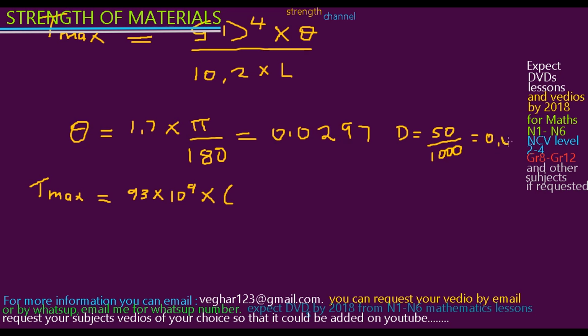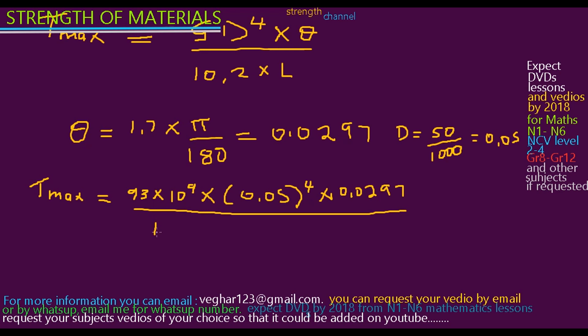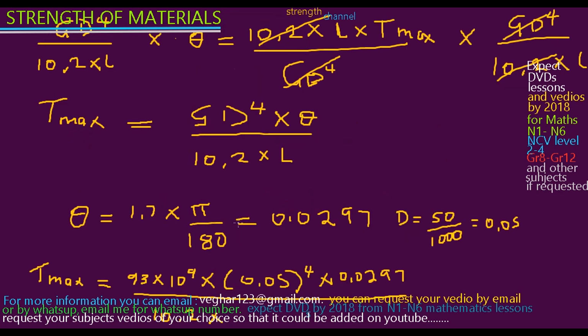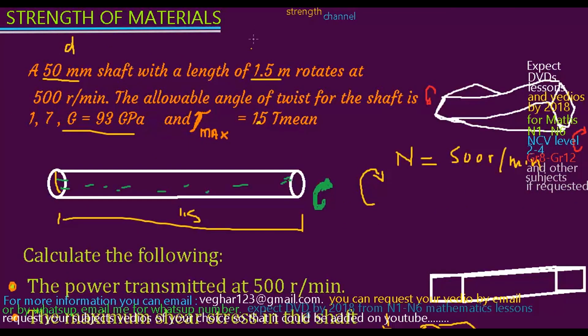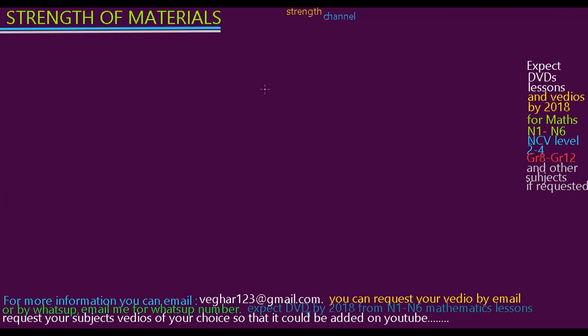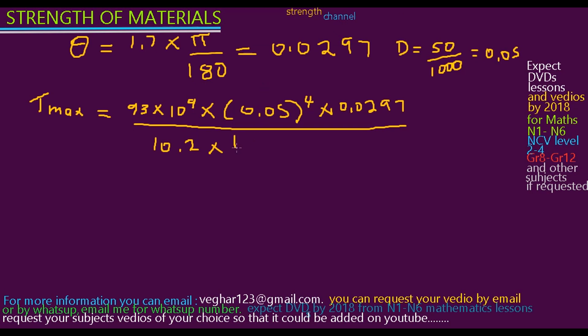So I have something like 0,05, and then putting 0,05 raised to 4, and then our angle is this one, 0,0297, all divided by 10,2 times length. The length is 1,5 from this statement, it's 1,5 meters. So we'll have something like 1,5 here.